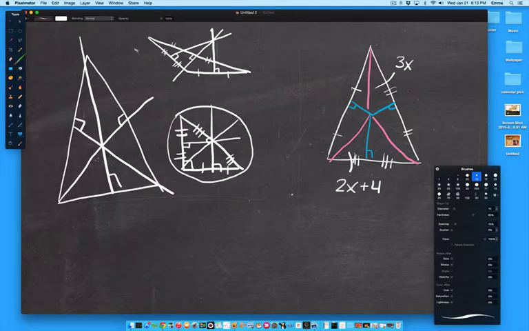Now the problem asks to find the lengths of the two lines that are given values. We know that they are congruent lines because the circumcenter of the triangle is equidistant to all the vertices of the triangle. So we can set this up as an equation and solve it.